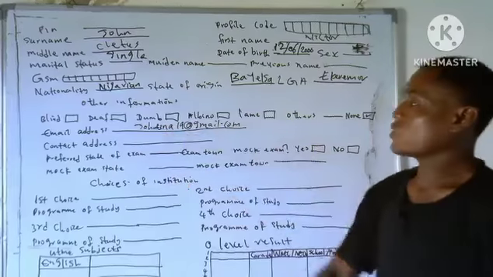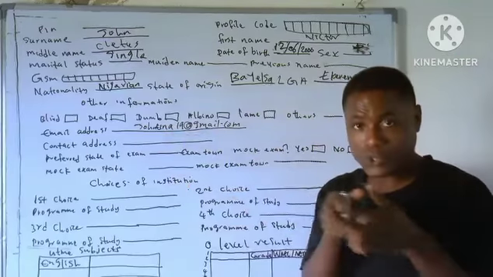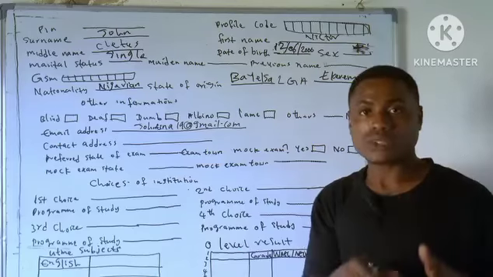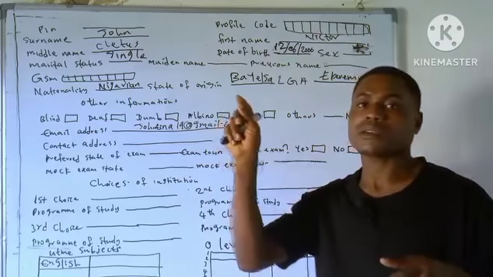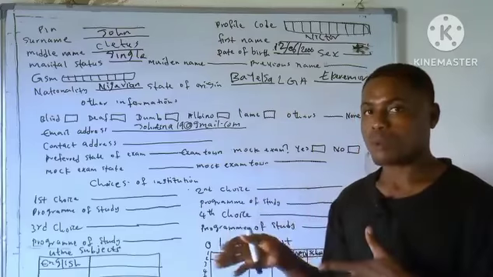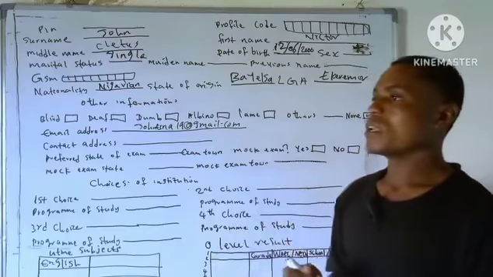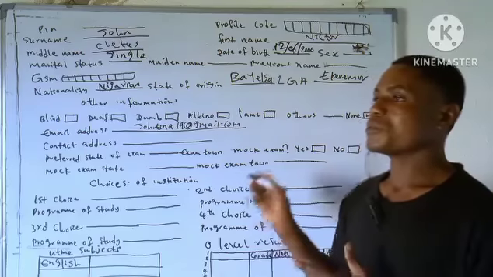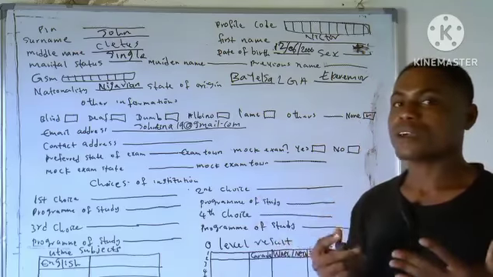This contact address is where you are staying: your street, then your house number. Are you getting it now? The street name and the house number. Let me say I'm staying in Bayelsa, Yenagoa.